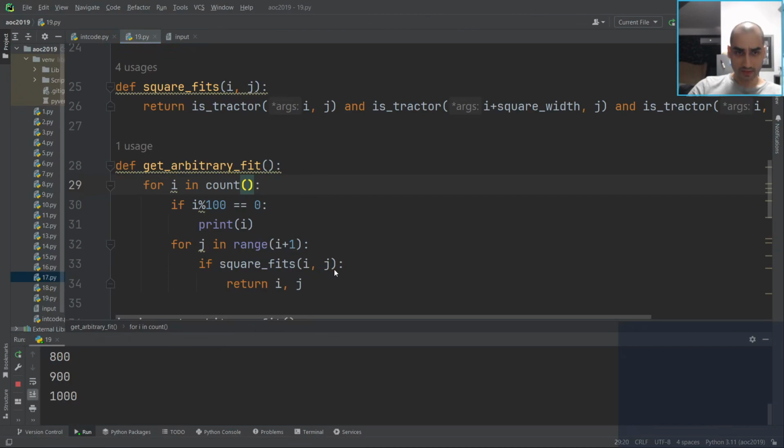Step equals 10? Should I just change that? Because that will reduce computation by a factor of 100. Oh, there we go.